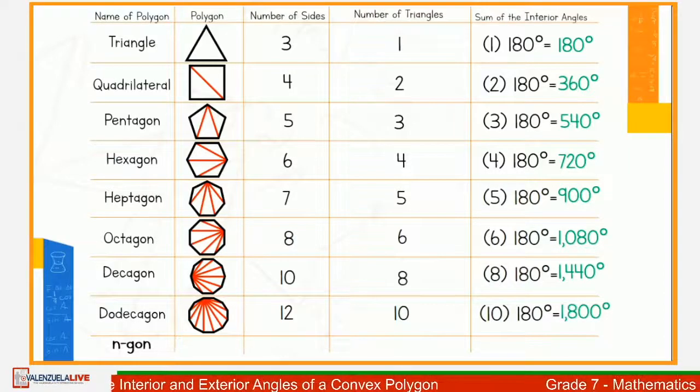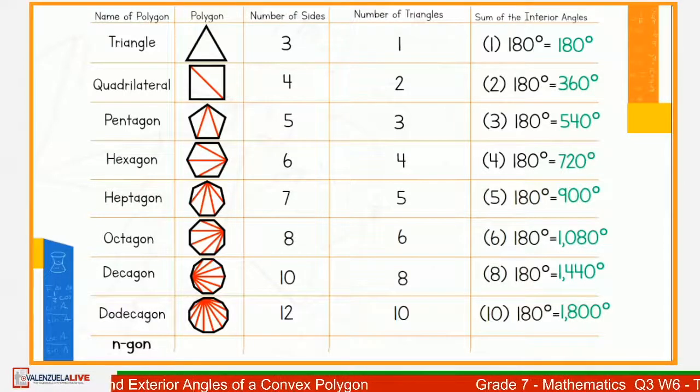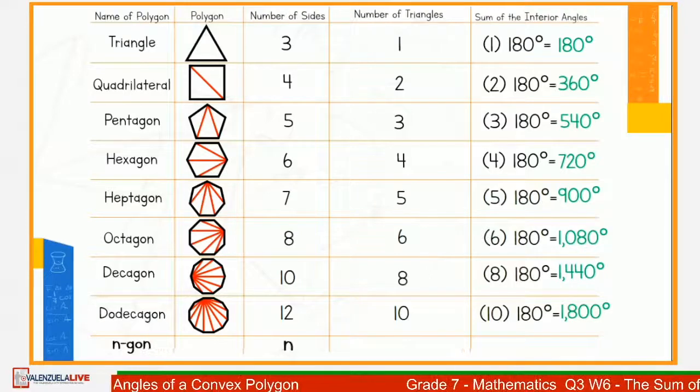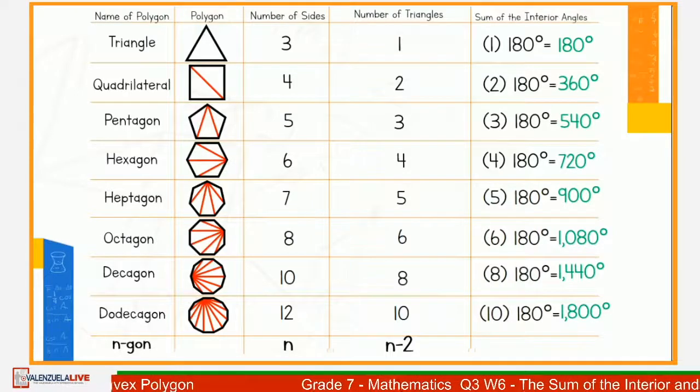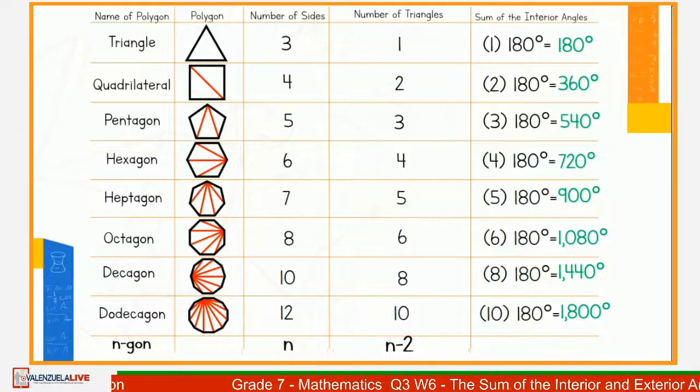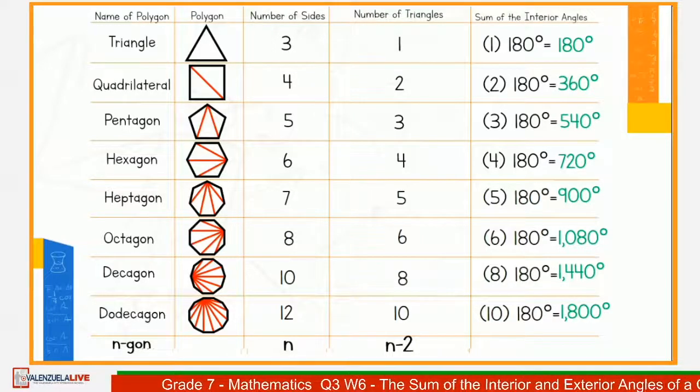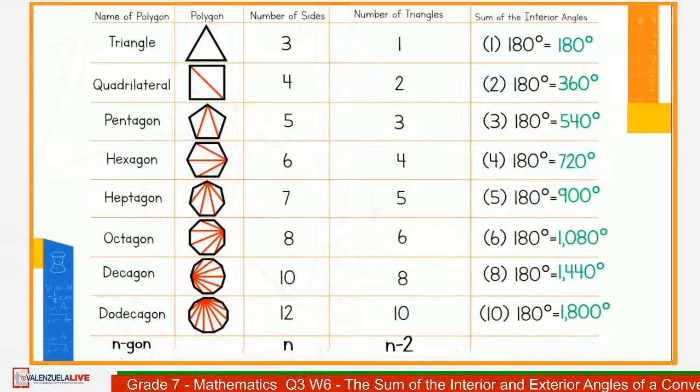So, if we would like to compute for the sum of the interior angles of any polygon, denoted by n-gon with n sides, the number of triangles should be n minus 2. That is based on the pattern that can be observed here, wherein the number of sides minus 2 is equal to the number of triangles.